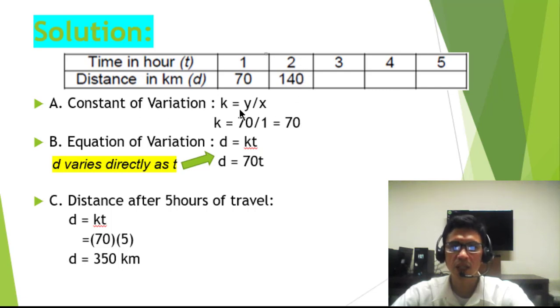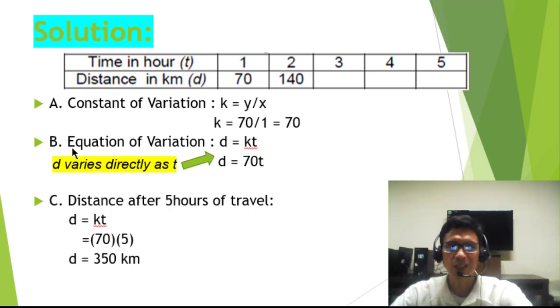Since the constant of variation is the unchanged value of the ratio of these two quantities, 70 divided by 1 is 70, 140 divided by 2 is equal to 70. So we now have 70 as the value of K, the constant of variation.